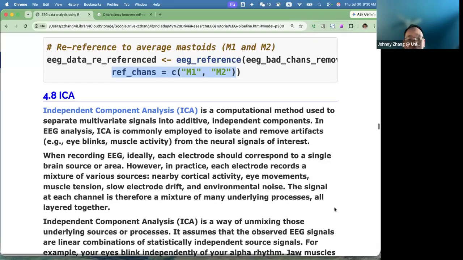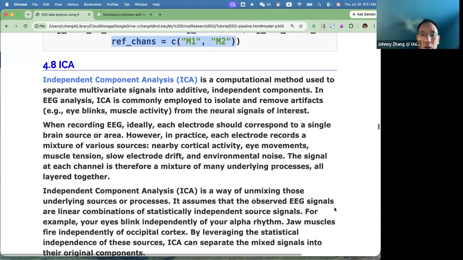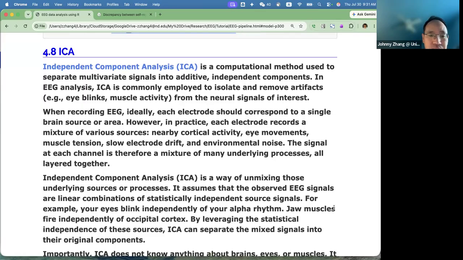Therefore, the signals we got at each electrode are a mixture of many different underlying processes. Right? It could be true brain activities. It could also be something else. So basically, ICA provides a way to separate those underlying processes.